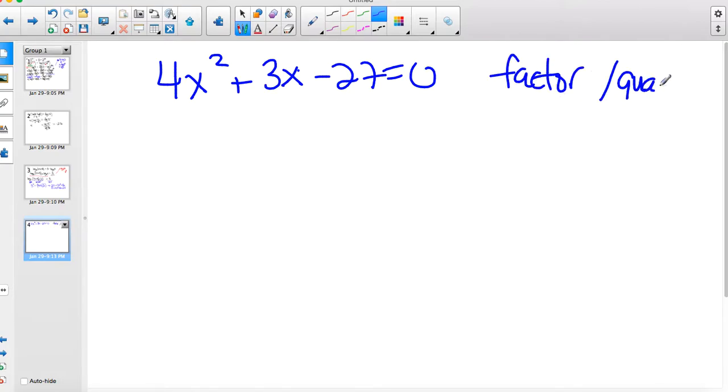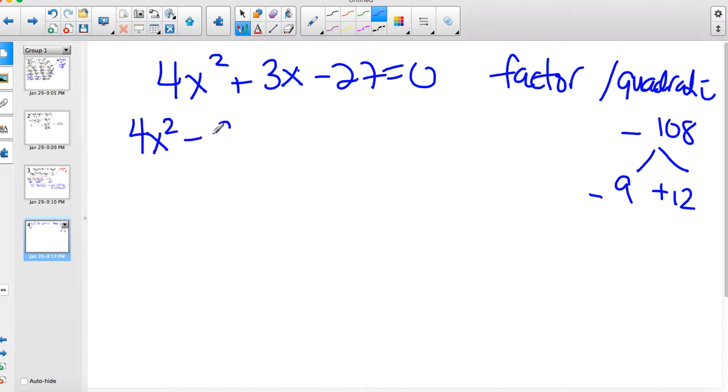What you end up getting, 4 times negative 27 is minus 108. And then the factors of 108 are 9 and 12. I'll put a positive here for my second column because my b is positive. My answer has to be negative. So 4x squared minus 9x plus 12x minus 27. I'm basically just bringing this down.